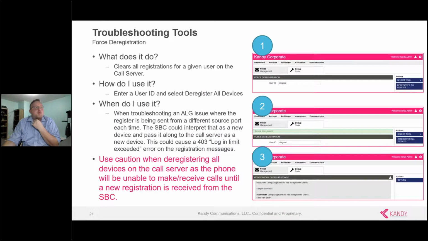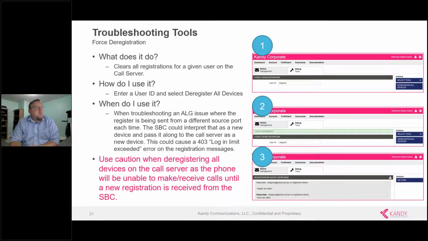All right, so forced deregistration. What forced deregistration does is it clears all of the registrations for a given user on the call server. The reason that this is a beneficial thing is that there may be a situation where we do want to clear out the registrations that are on that call server.